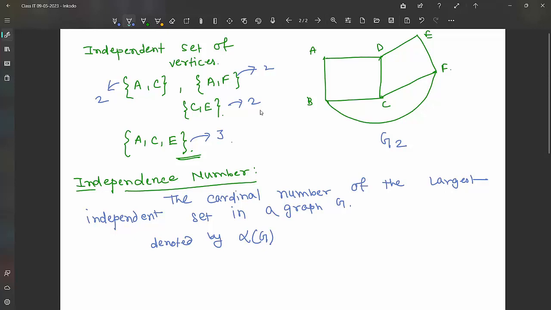So in case of this G2, what is alpha of G2? Alpha of G2 is 3, because this is the largest independent set, and here the number of elements is 3. So for this graph, the independence number is 3.